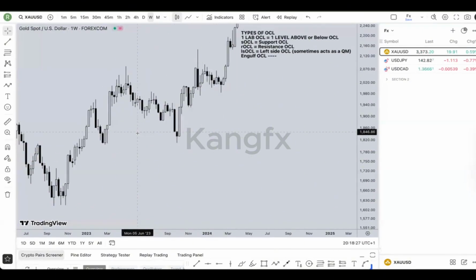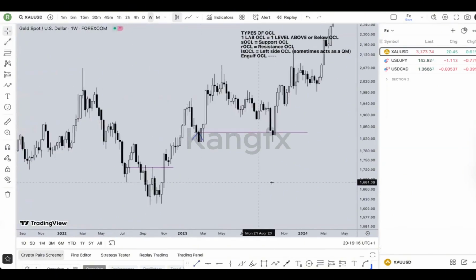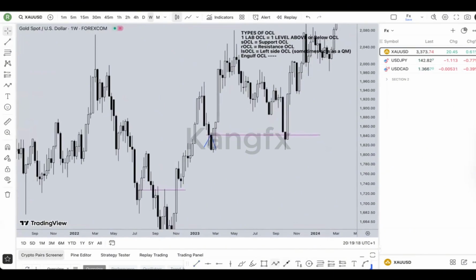Now we have another one here. If you see, this one was supposed to act as support, the market broke through it. Now it's supposed to act as, you see that it must be broken twice. It was supposed to act as support here, but it was broken.